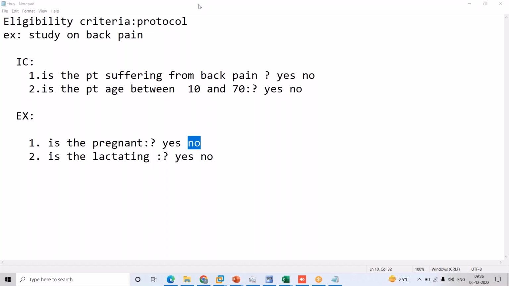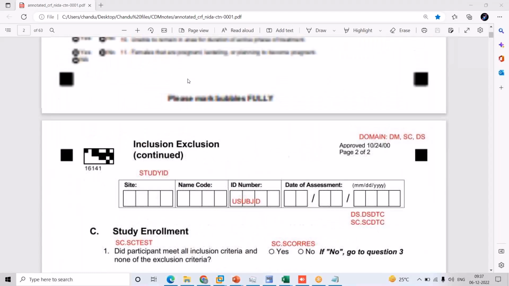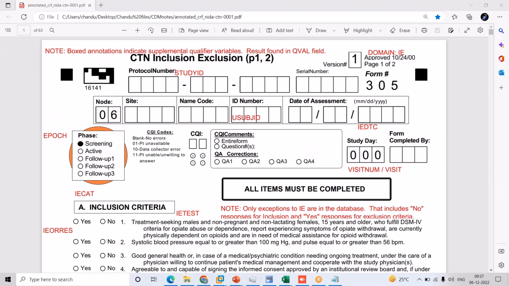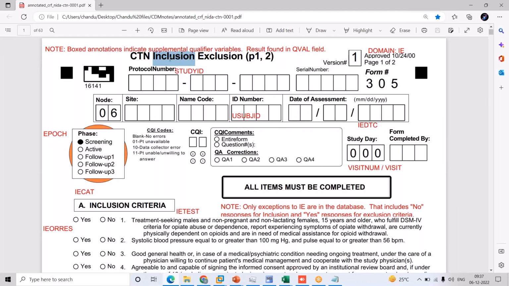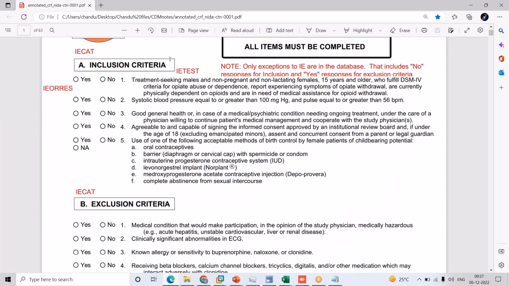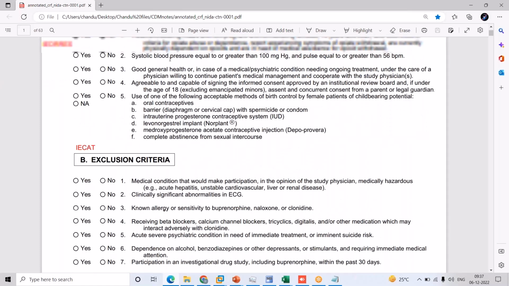The case report form is a data collection form, which is used to collect the data from the subjects. Which data? Clinical trial data. So this is how a CRF looks. This is inclusion exclusion. Your entire clinical trial data will be collected on the case report forms. See here how inclusion exclusion is explained. Inclusion criteria, exclusion criteria. We have yes or no. Here also we have yes or no. Answer should be selected yes to all these inclusion.